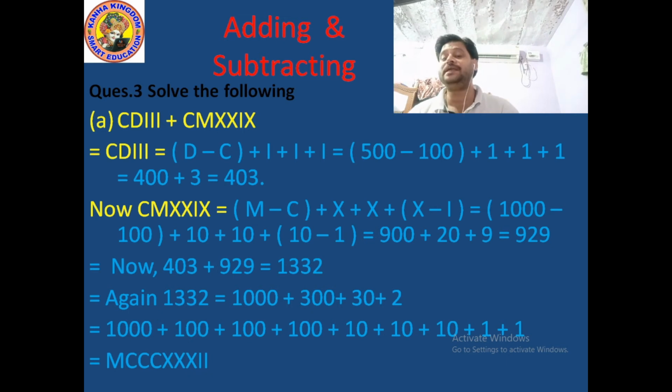How can we write 30? X plus X plus X. And how can we write 2? I plus I. 1000 equals M. Now C C C, XXX, II. This is the exact answer of this part. Okay, understand?